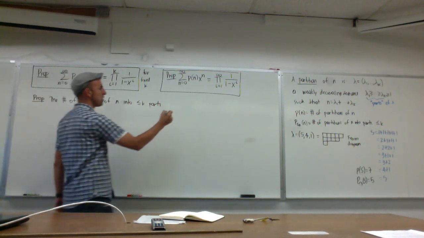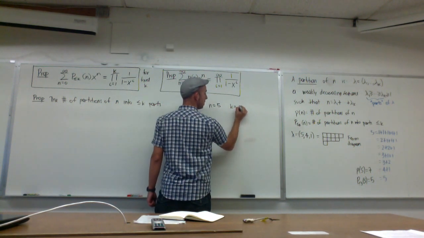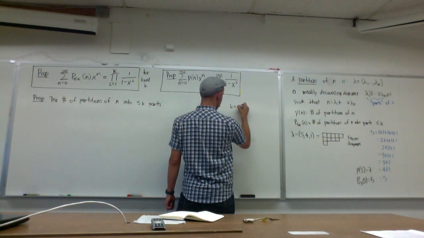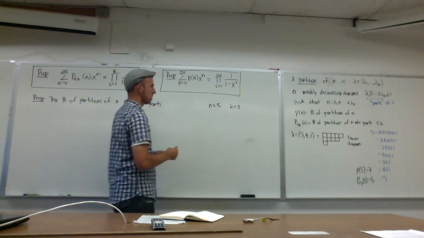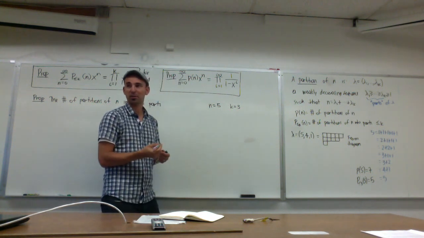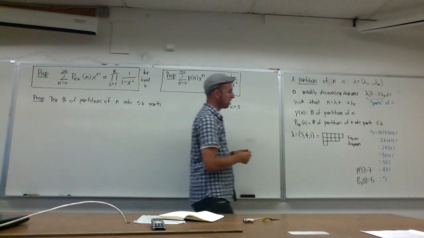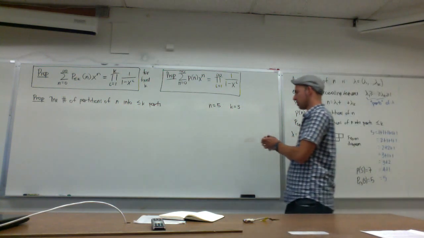So for example, if n is equal to 5 and k is equal to 3, what are the partitions that count here? Well, you should have at most 3 parts, which means that this one is discarded, this one is discarded, and these ones have at most 3 parts. So there's 5.